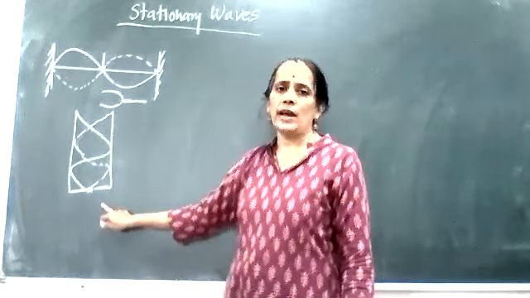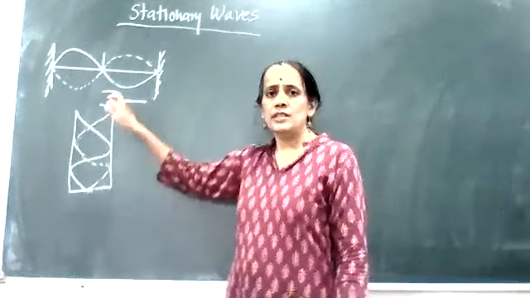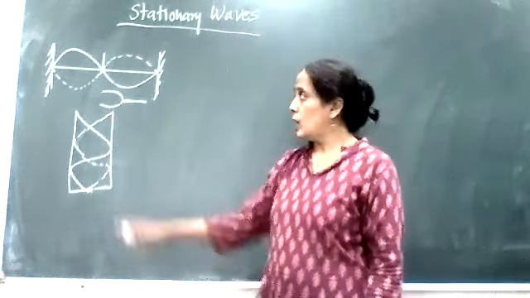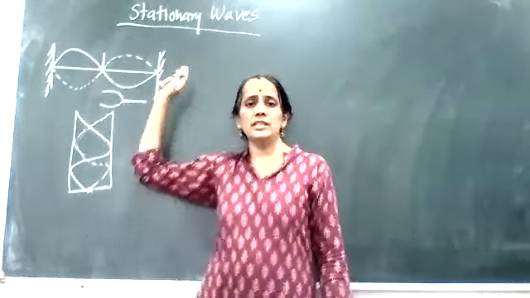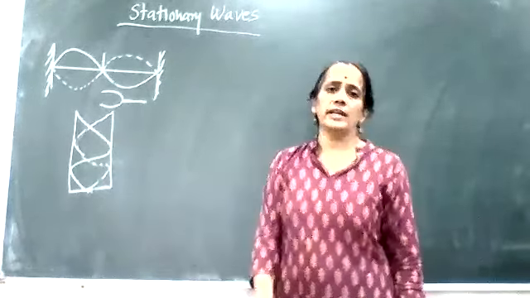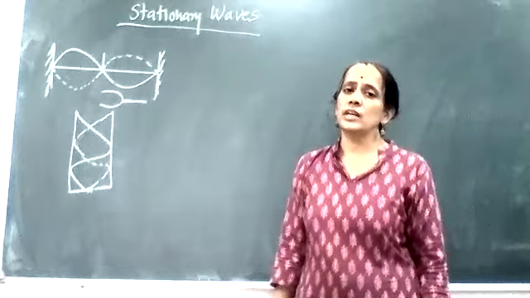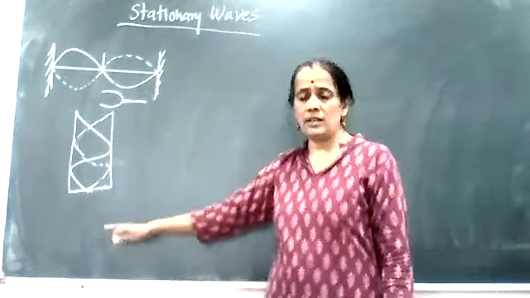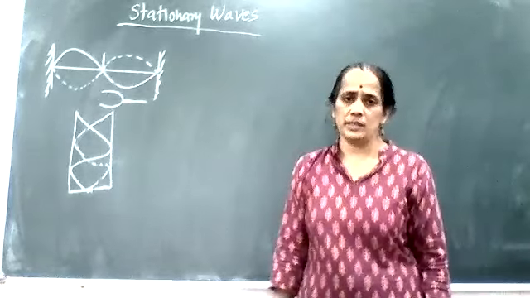And this is called stationary longitudinal waves. So along the string I will get stationary transverse waves, and inside the pipe I will get stationary longitudinal waves. Now using this, I can see the properties.